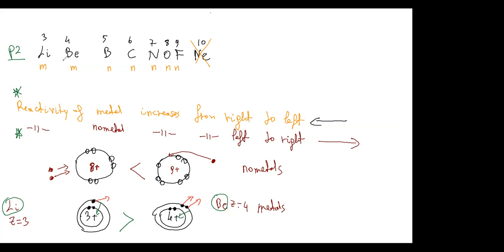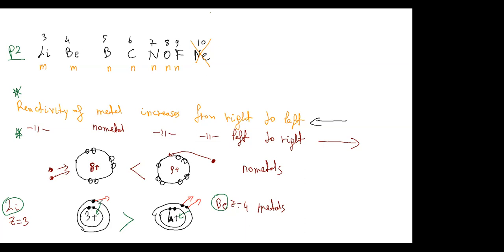The metals which are more reactive can easily release their electrons. So here is the picture for the lithium atom, and here is for the beryllium, which has 4 protons in the nucleus, and lithium has 3, because the atomic number is the same as the number of protons in the nucleus.